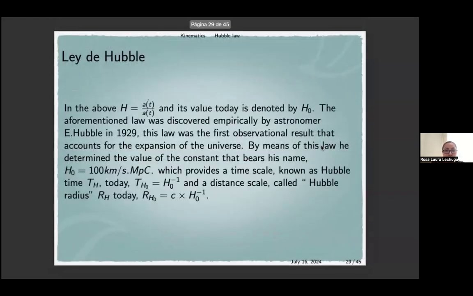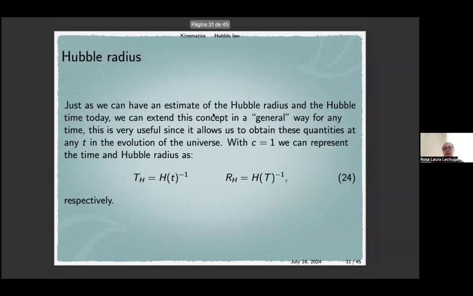But okay, I'll define the quantities that I mentioned before with c equal to 1. We get again the expressions that I mentioned, and you can see that the Hubble time and the Hubble radius are equal, but we should keep in mind the assumption of c equal to 1.